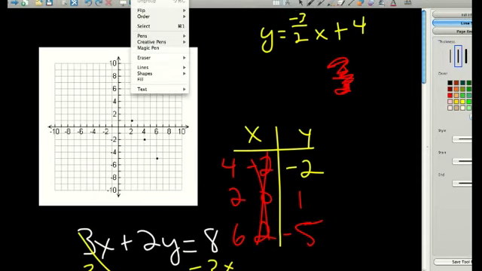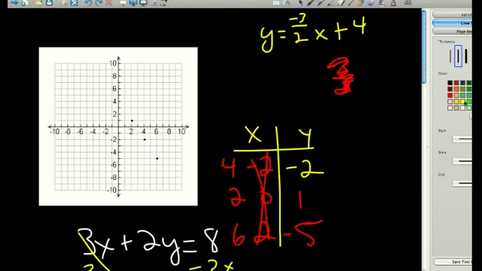Now, the cool part about this, in theory, I'm going to throw this out there right now, you only need 2 points to graph. You only need to find 2 points of an equation to graph, but I tend to want to use 3 or sometimes even 4 points when you're starting out in order to make sure you really know what you're doing.